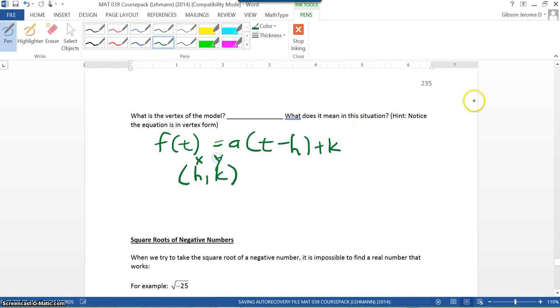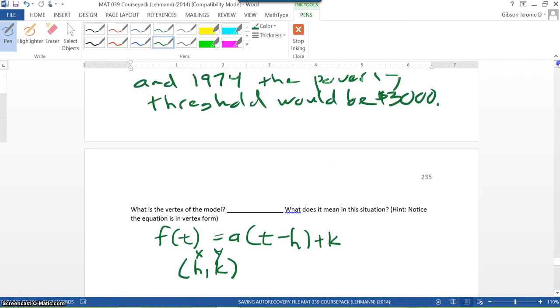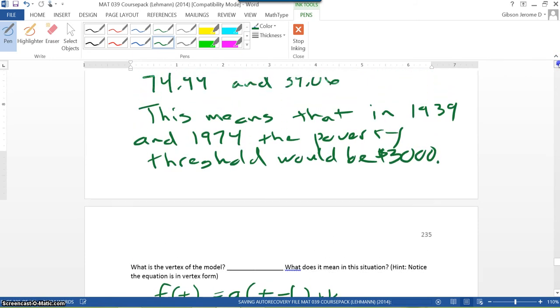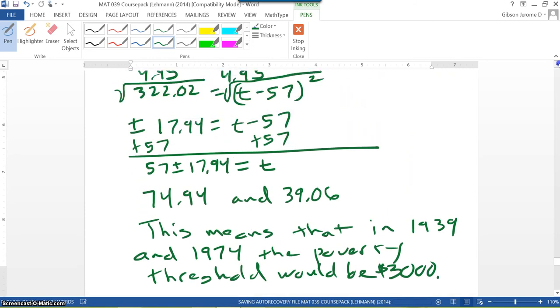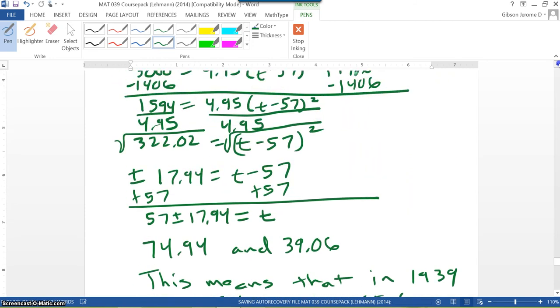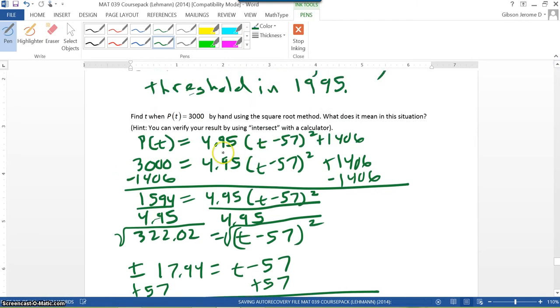Okay, so now we look back at the original equation that we had and go back up to the top. So now we have p of t. This is the equation we had here. Now if we look at this equation, this 57 is our h and 1406 is our k.